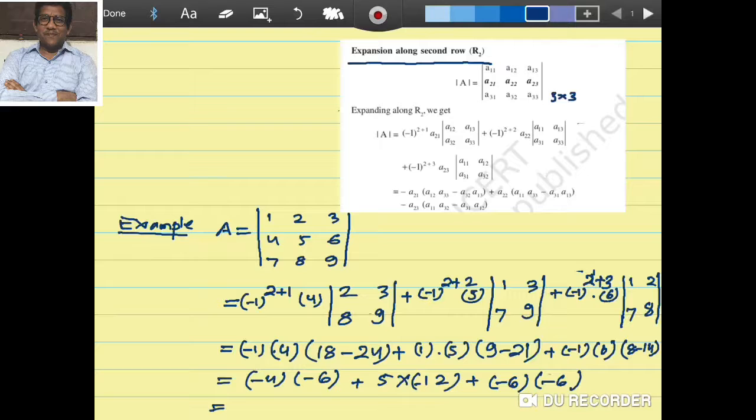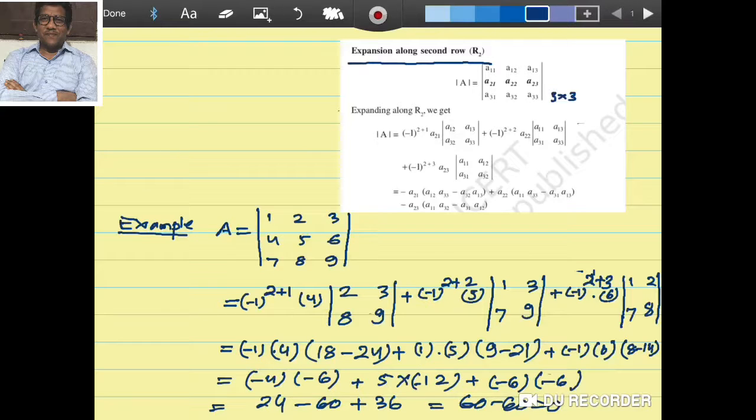You get here 24 minus 60 plus 36. You get 60 minus 60 is equal to 0. So what we observe, we get the same value of the determinant if we expand it along row 1 or row 2.